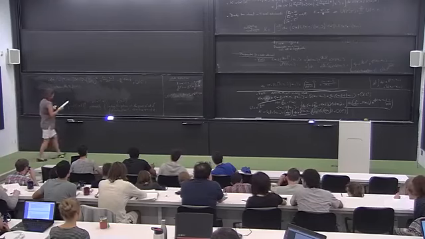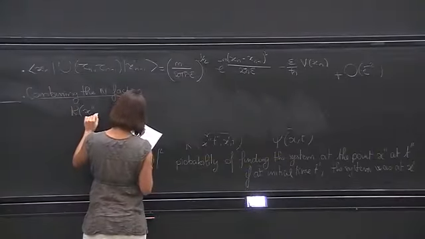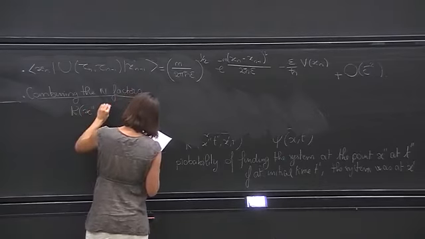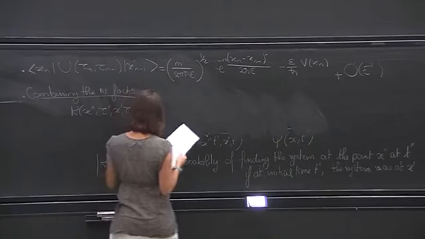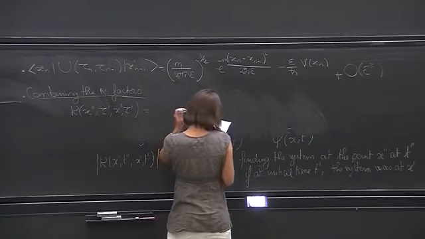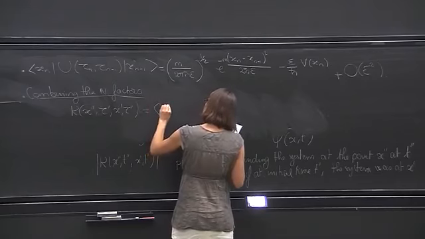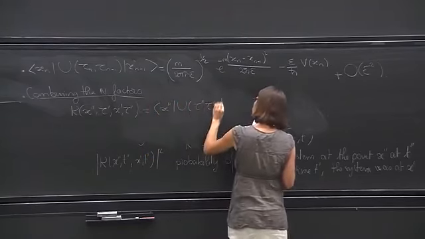What do we get? We get the propagator from the initial point x prime, tau prime, to the final point x double prime, tau double prime, which is, again, defined as a matrix element of the time evolution operator.